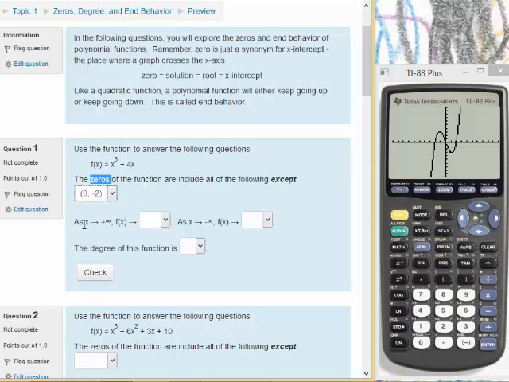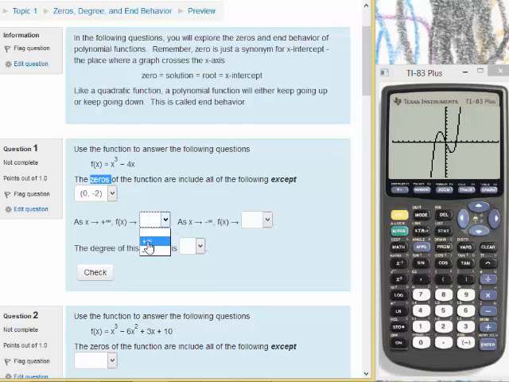Next, it asks us, as x goes toward positive infinity, what happens to f of x? In other words, as we keep getting larger and larger values of x, does the y value become larger, positive infinity, or smaller, negative infinity? Well, let's take a look. As we start at 0 and keep increasing the value of x, the value of y keeps going up, more and more positive.